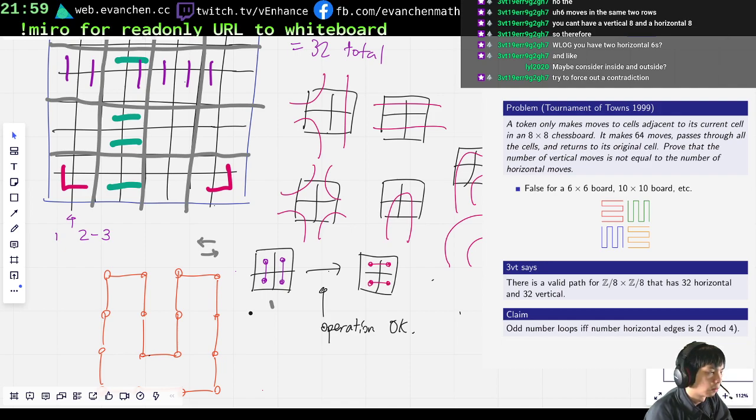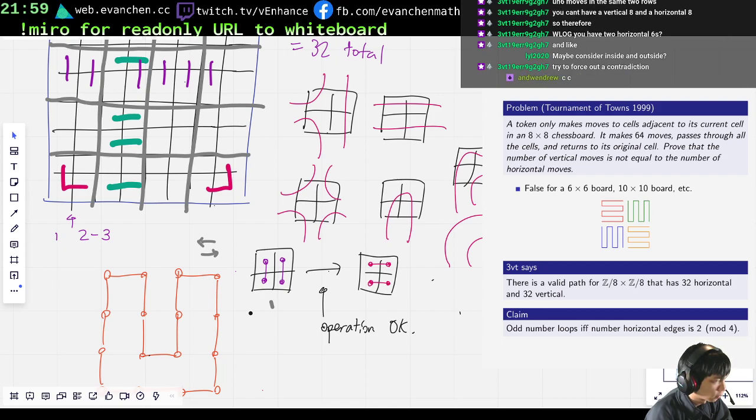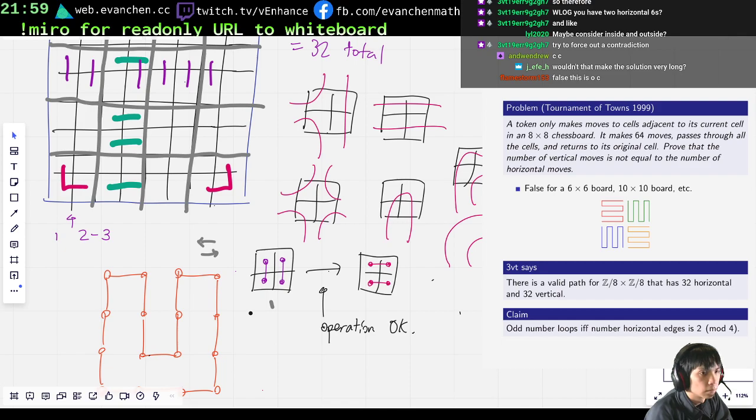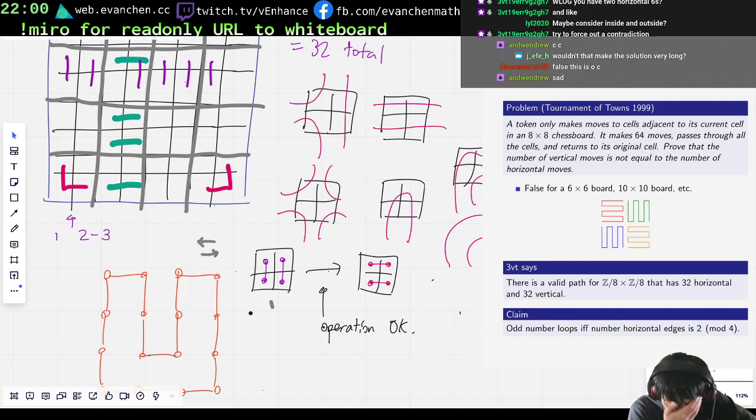Without loss of generality... Oh, you want to do that? What happens if my first cut is here?